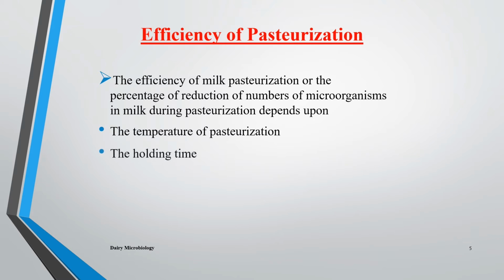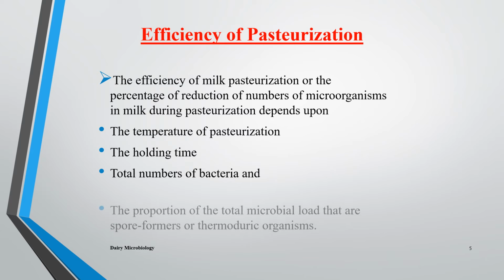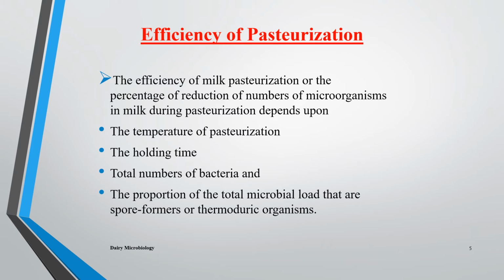It will also depend upon the time of exposure of the milk at that particular temperature, and it will also depend upon the kind of bacteria, meaning the number of the bacteria as well as the type of the bacteria.